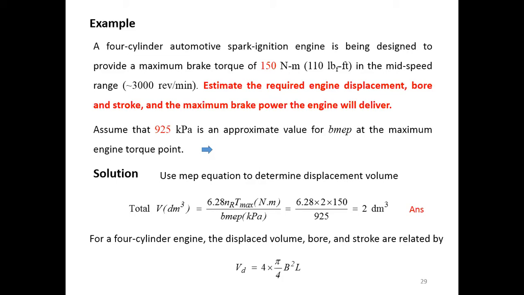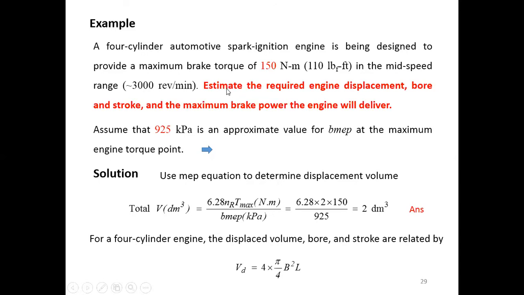And with the maximum torque and this engine geometry, what is the maximum power that this engine will deliver? You can see that they only give you one piece of information: the maximum brake torque at 3000 RPM. The rest is up to you.